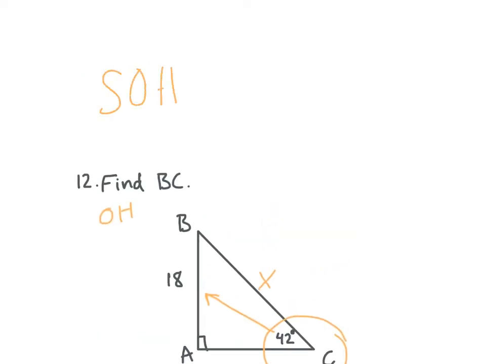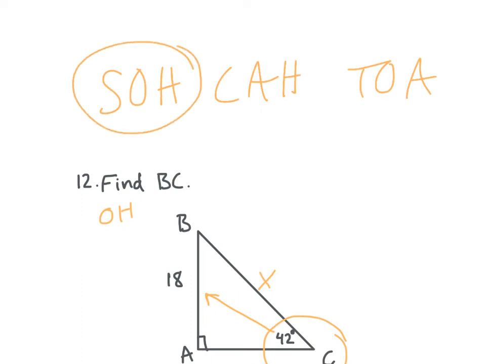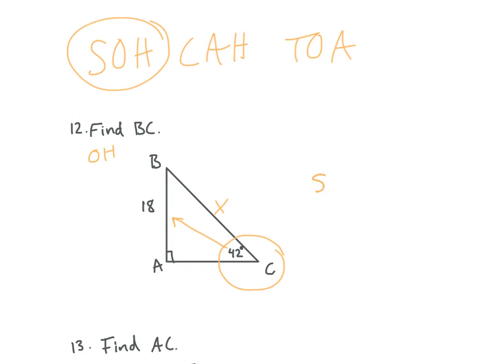In our SOHCAHTOA, which one involves the opposite and the hypotenuse? Sine, the SO. So we're going to take the sine of 42. Sine is opposite over hypotenuse, so 0.67 equals 18 over x.